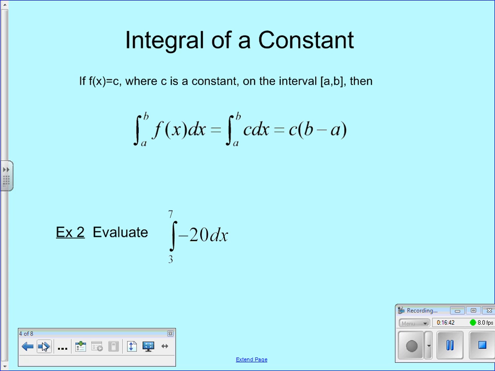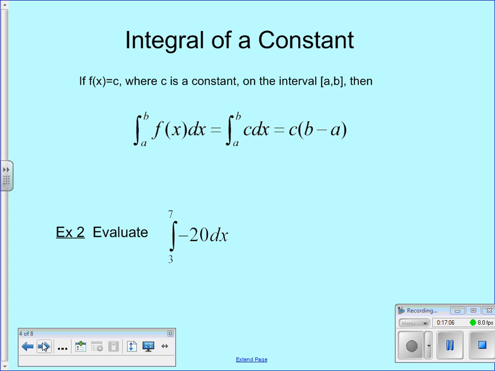The integral of a constant is the second easiest integral you will ever do. The second. There is one that's easier. Okay. The second easiest integral is the integral of a constant, because basically it's that constant times the upper bound minus the lower bound. That's it.